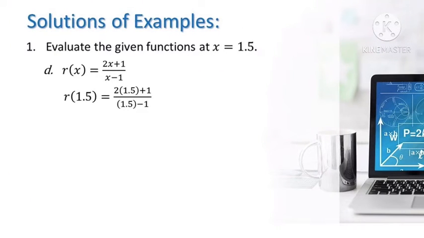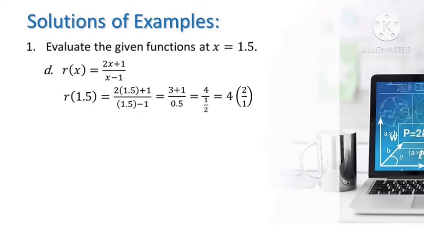So, the function became r of 1.5 is equal to 2 times 1.5 plus 1 all over 1.5 minus 1. Now simplifying both fractional parts, we would be able to get 3 plus 1 all over 0.5. The numerator now is equal to 4 all over 0.5, which is simply 1/2.